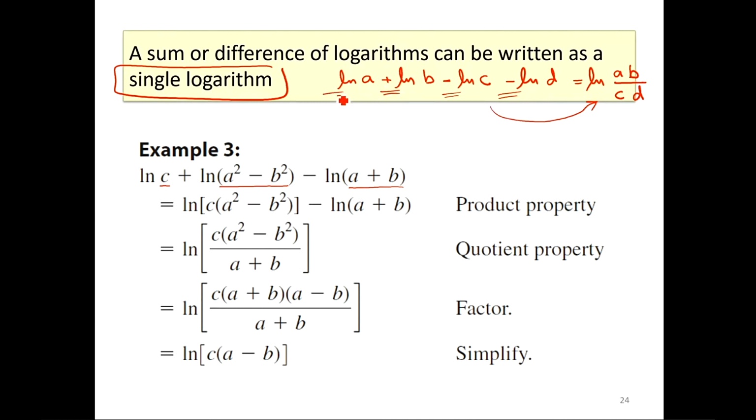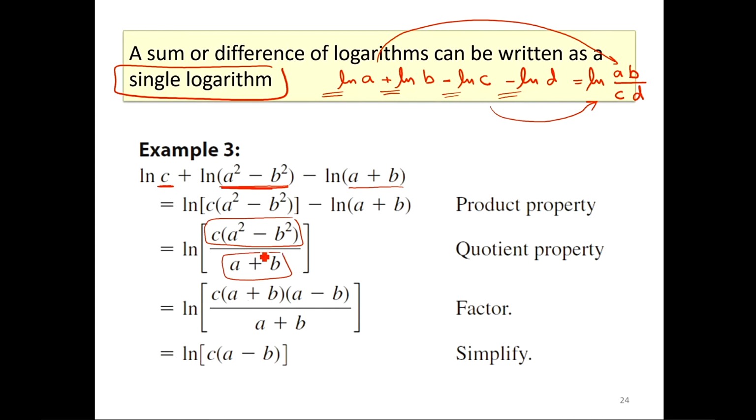Because this is positive, this is in the numerators. Okay, plus ln, so inside the ln in numerators multiply together. Minus ln, this is in denominators. So c multiplied by a squared minus b squared, like this. This is in numerators, minus a plus b. So this is in denominators.